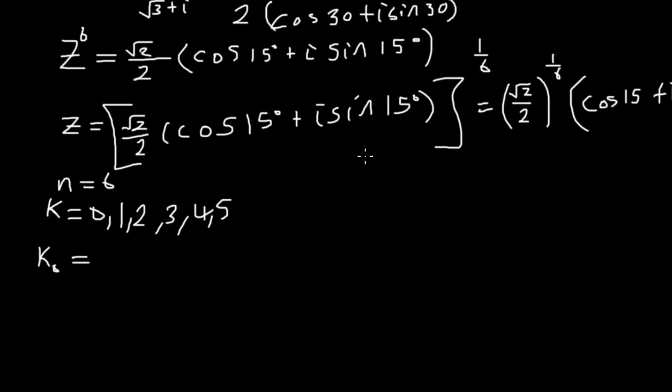When you find cos 15 using compound angles, cos 15 is nothing but subtracting 45 minus 30. You can use 45 and 30 as your special angles.